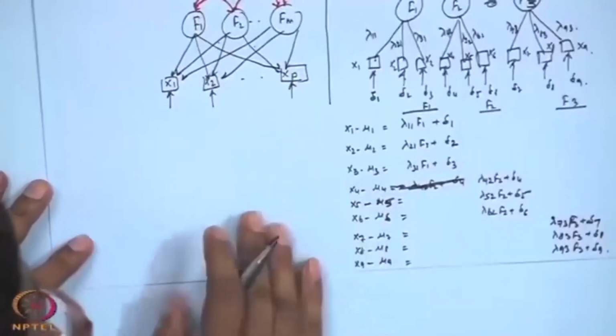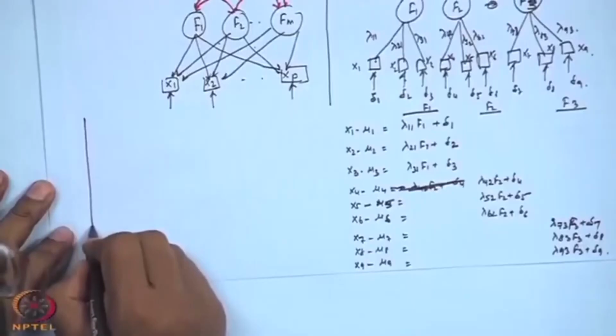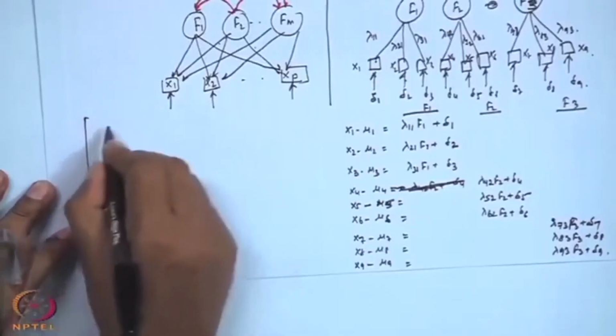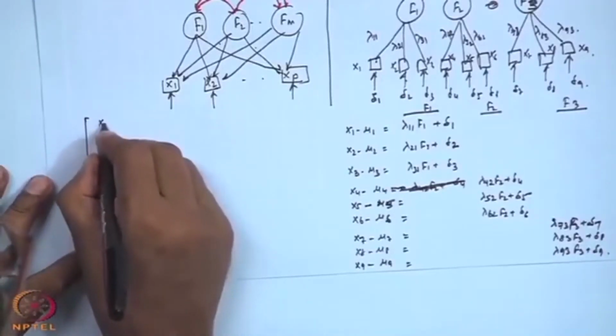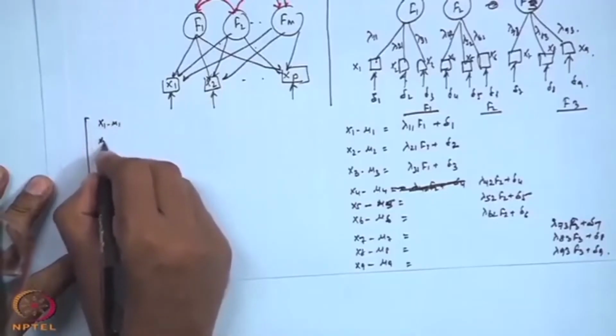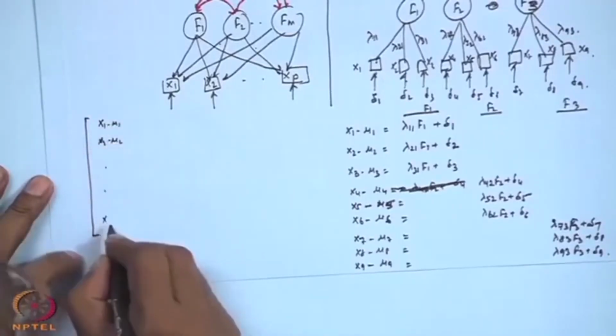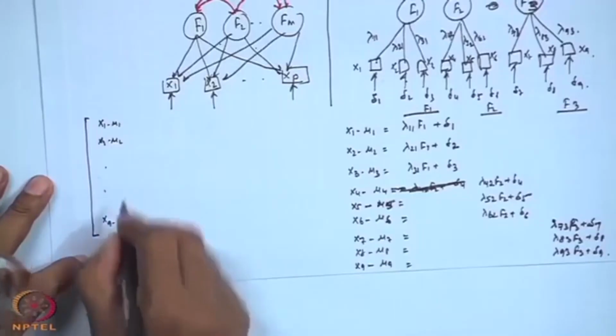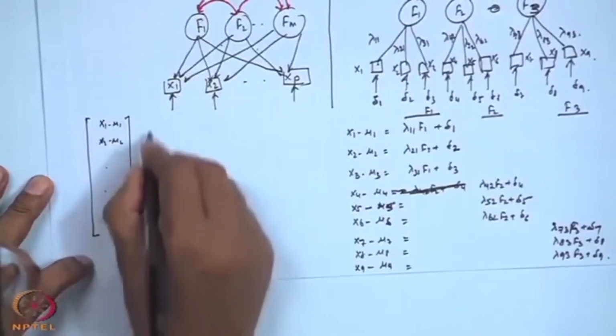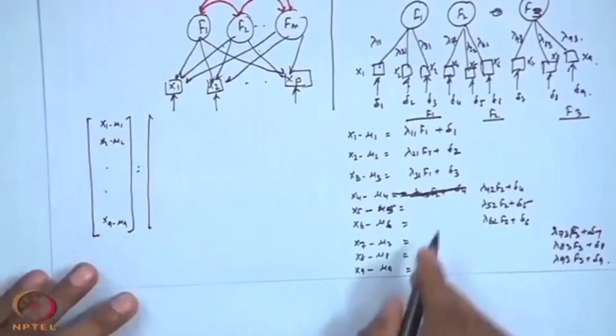So as a result, if I see this in terms of matrix, what will you get? You will get x1 minus mu 1, x2 minus mu 2, up to x9 minus mu 9 on this side. That structure is very interesting.